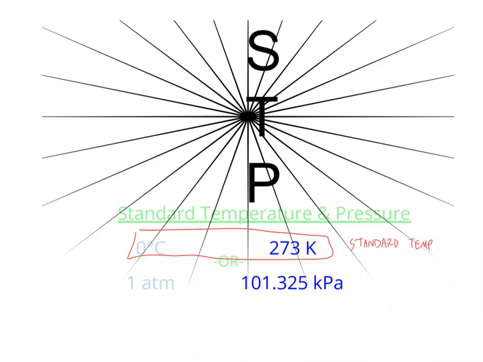And this is your standard pressure. And remember that 1 atmosphere has an equivalency to a certain amount of torr, kilopascals, pounds per square inch, and so forth.